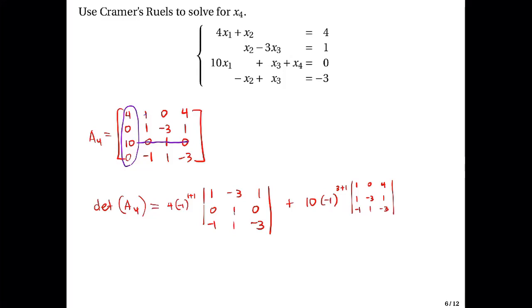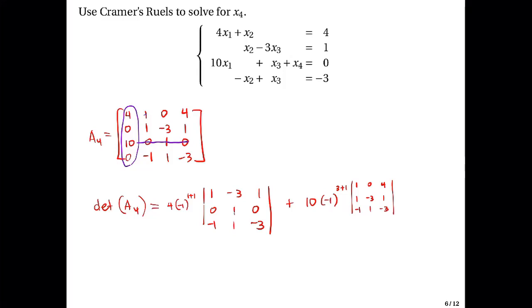Okay? And then of course this is 0. So 0 times whatever, it's just 0. And then here you have 10. That's why you have this 10 here. And then negative 1 raised to 3 plus 1, because this 10 here, it's the 3, 1 entry. And it's the 3, 1 entry, you delete the third row and the first column.